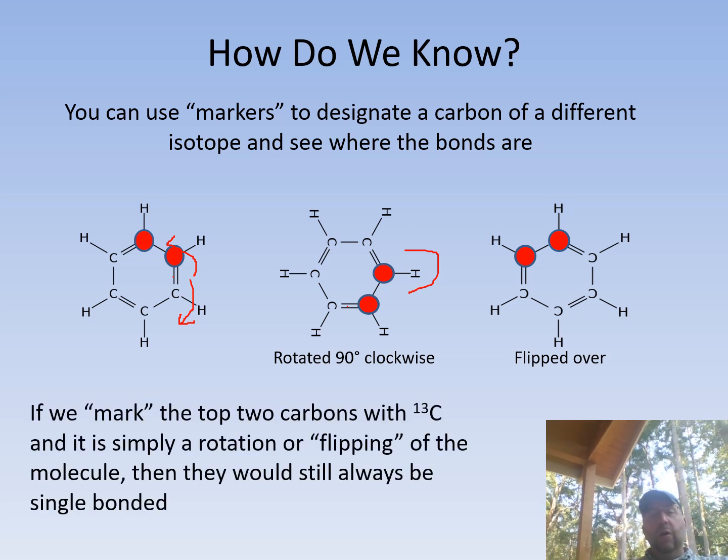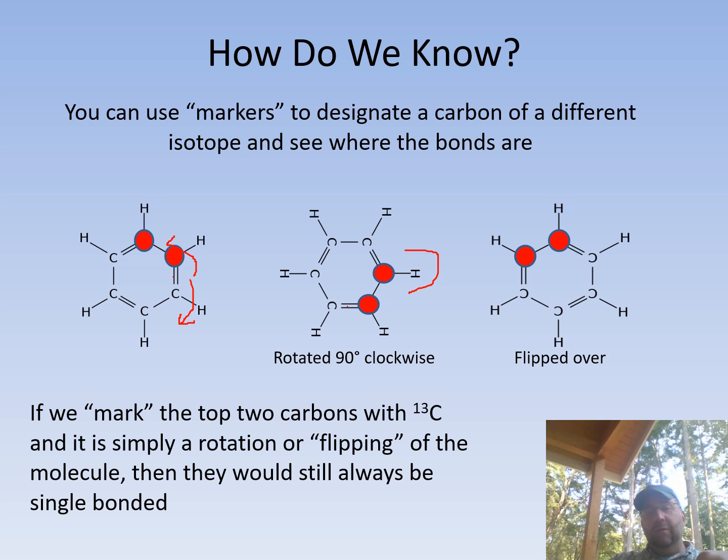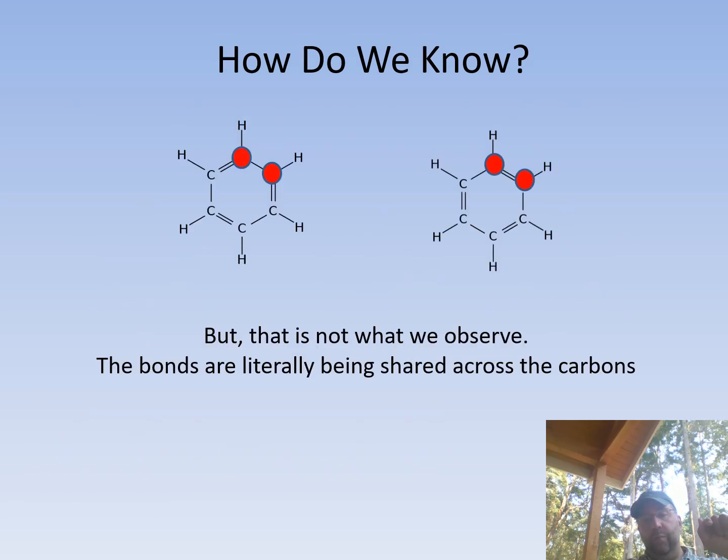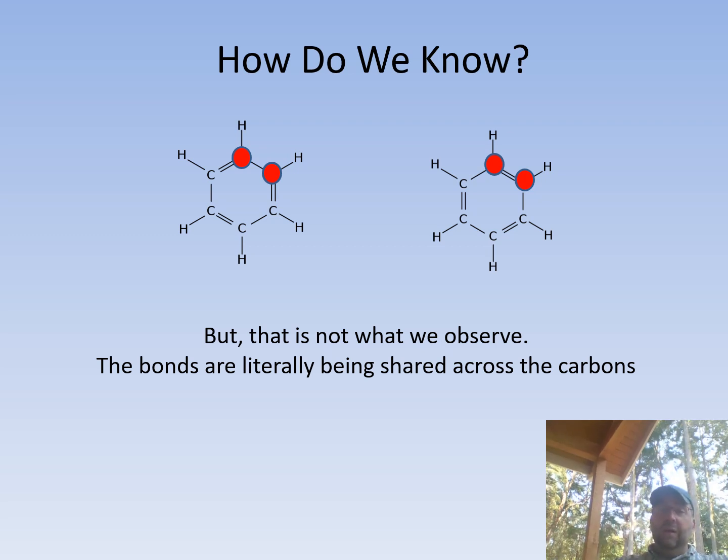So no matter how we look at it, whether we rotate it 90 degrees down, whether we flip it around, no matter what angle you look at it, under this scenario, the two marked carbons should still always be bonded with single bonds. But that is not what we observe. What we observe when we actually look at these marked carbons is that the double and the single bonds are being shared between them. You could think of it as it could look like this or this.